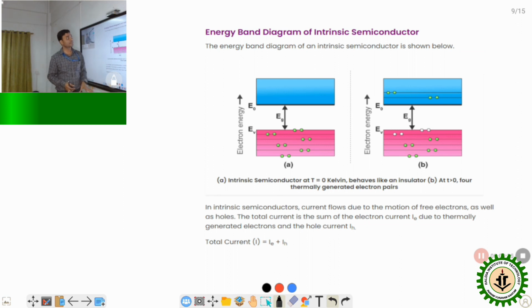Now the band diagram of the intrinsic semiconductor.